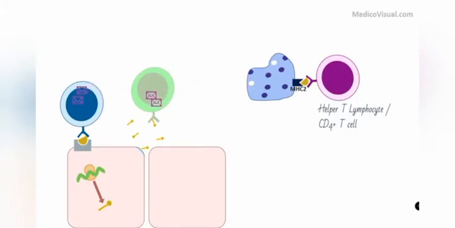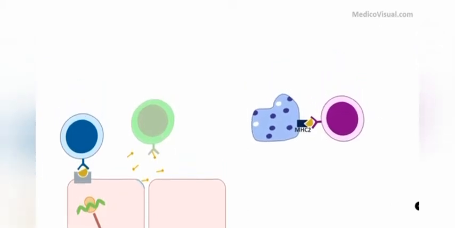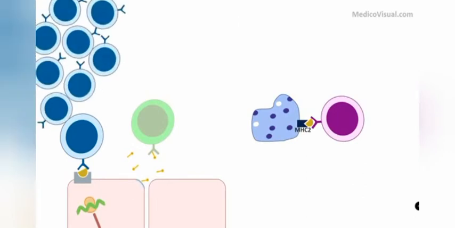It will release cytokines which will cause growth and proliferation of cytotoxic T cell as well as growth and proliferation of B cells. It will cause what? It will cause clonal proliferation. And what I mean by clonal proliferation is that it will make lots and lots of copies of this specific cytotoxic T cell.